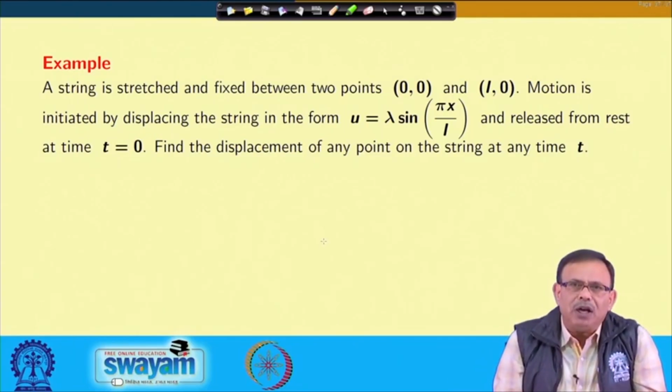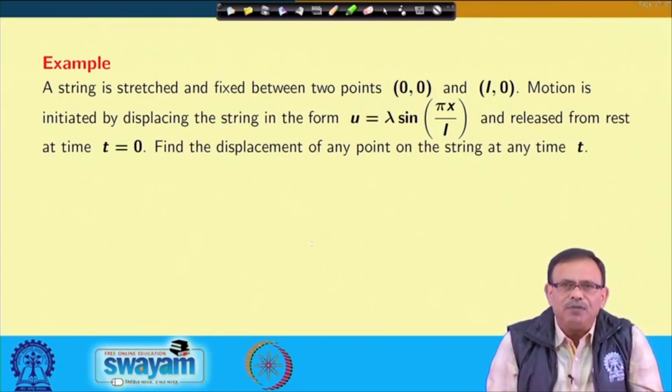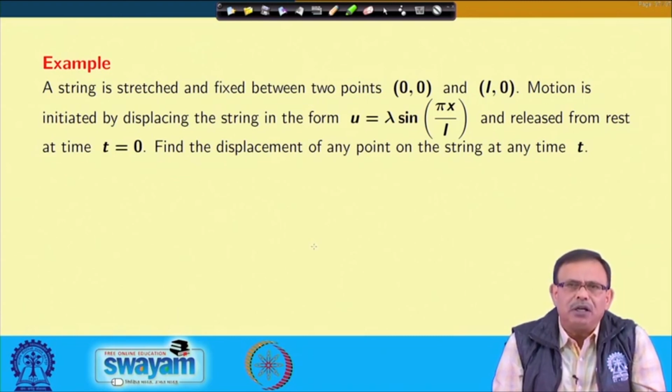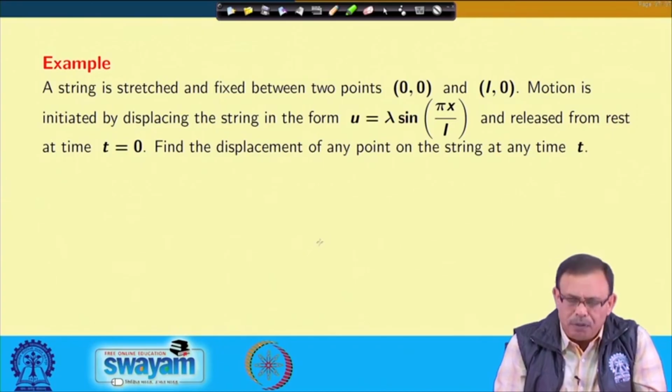Effectively I have to formulate the problem first, and only then can I think about the solution process. It may not be necessary that the problem is given in the direct form. Sometimes a problem may be given like this, from where I have to formulate the problem, and after formulating it I have to find the solution.